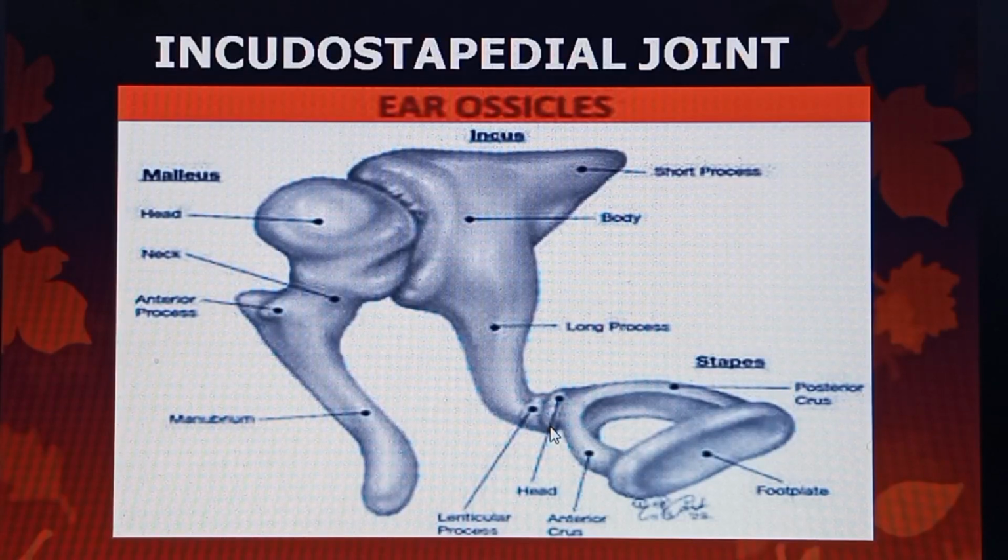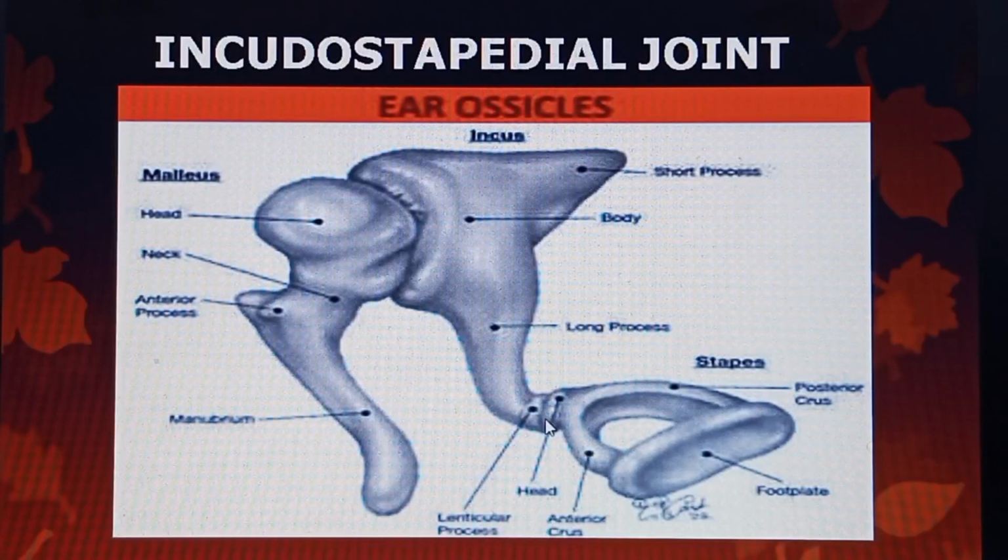Now, there's also a joint between this lenticular process, the cup-shaped depression over here, of the incus, and then, of course, the head of the stapes. So there's also a joint in the middle ear. And what do you think will be the name of this joint? We combine the names, so it is going to be the incudostapedial joint, and that's the one I've written over here.